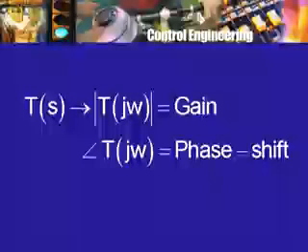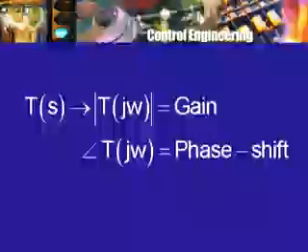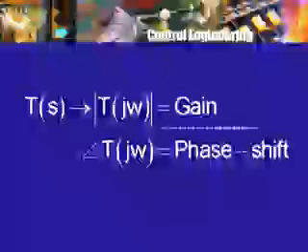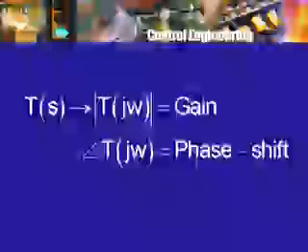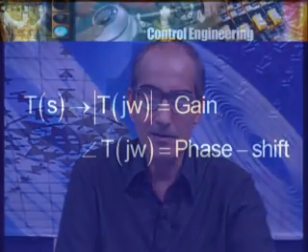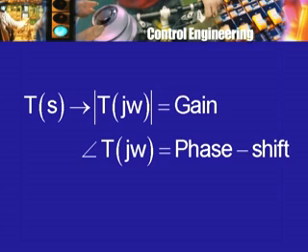You look at its absolute value or modulus. This absolute value or modulus will be the gain produced by the transfer function, that is, it will be the ratio of the output amplitude to the input amplitude, and the argument or the angle of this complex number will be precisely the phase shift that occurs from the input to the output.